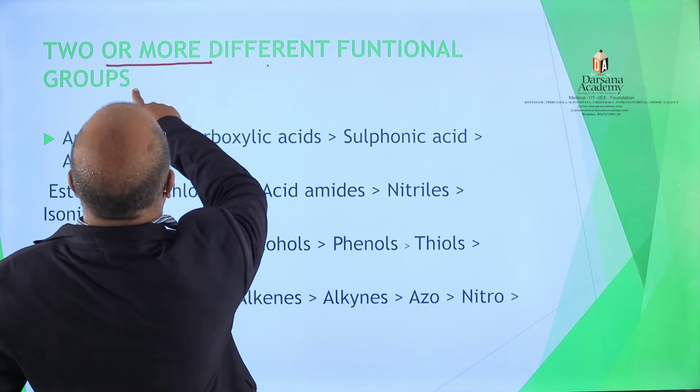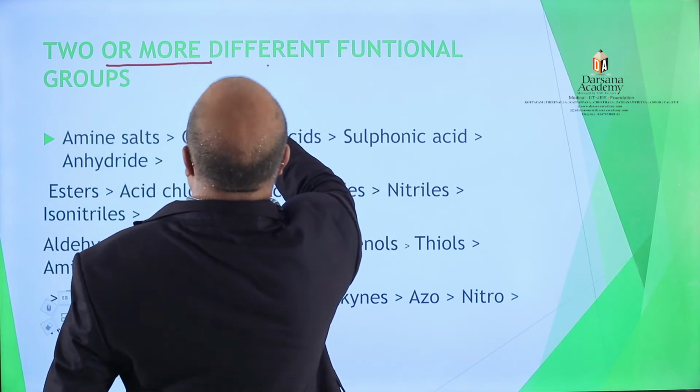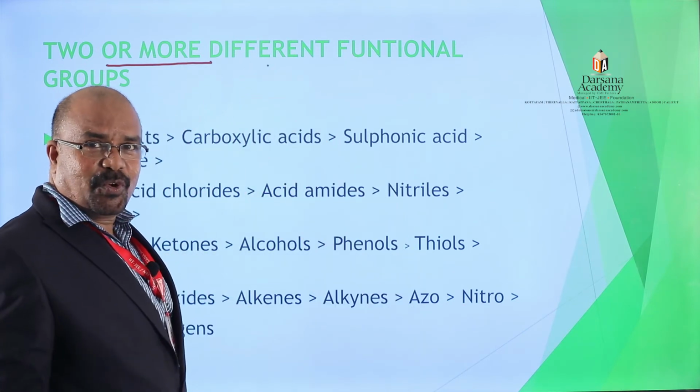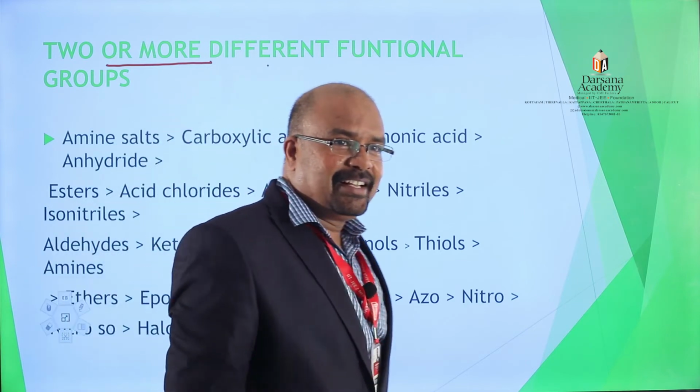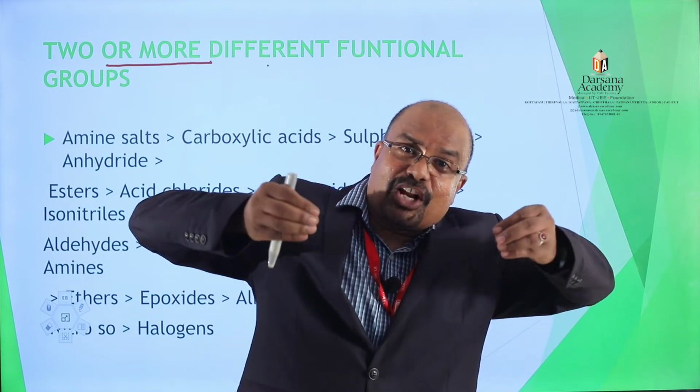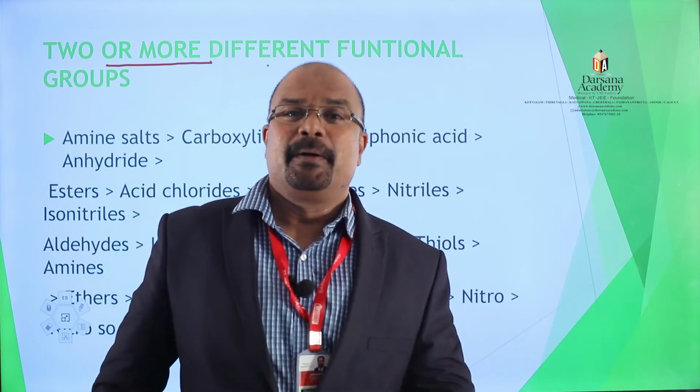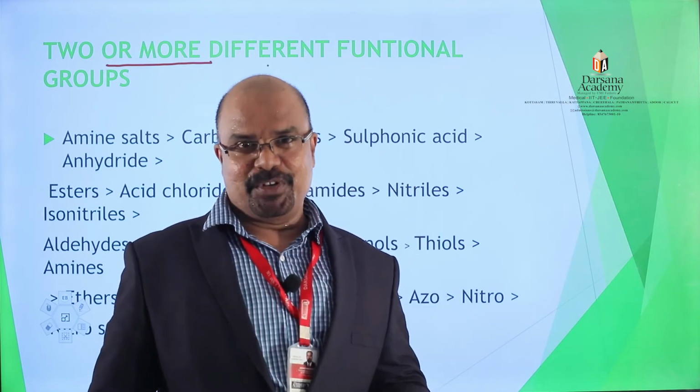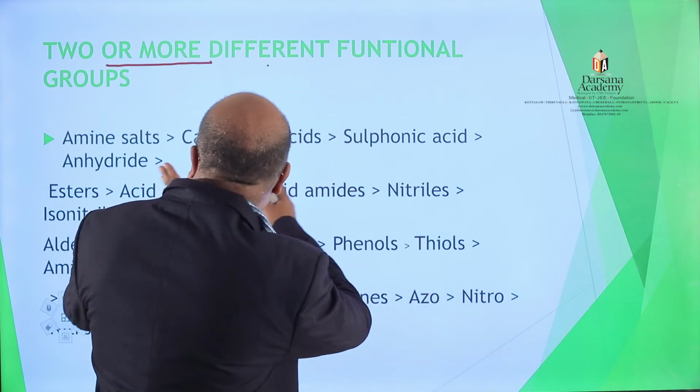That means 2 or more different functional groups will come. So IUPAC says we give one of the functional groups as the principal functional group. So for the various groups, a priority order is given.